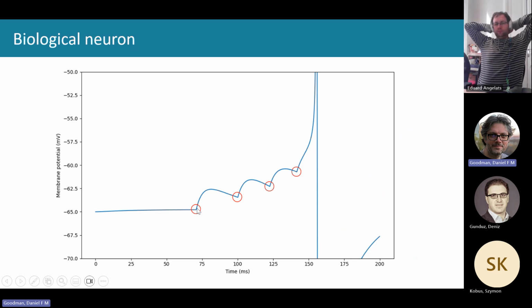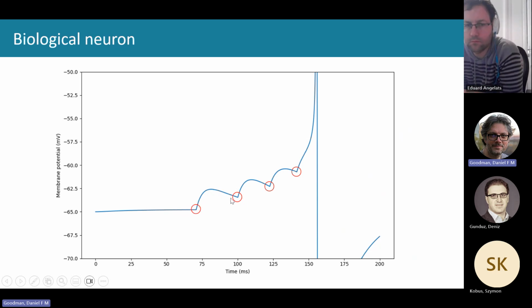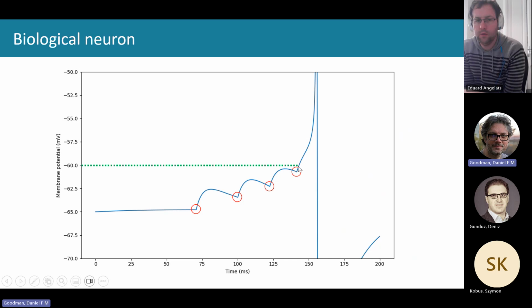And what happens is you see a slow increase followed by a decay in the membrane potential. So each of these input spikes causes the addition of this shape, a kernel essentially, to its membrane potential. And then if you get multiple of them in a sufficiently small amount of time, they add up to enough to reach the threshold of this neuron, which in this case is minus 60 millivolts, and it fires a spike.